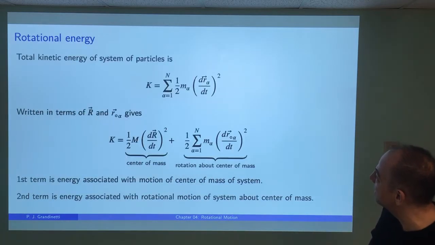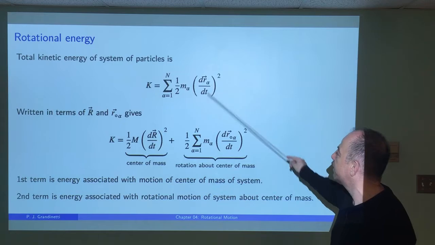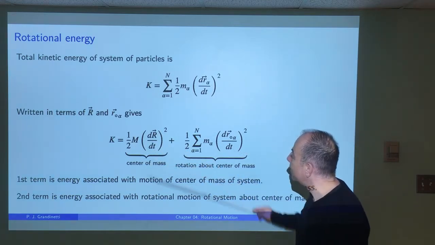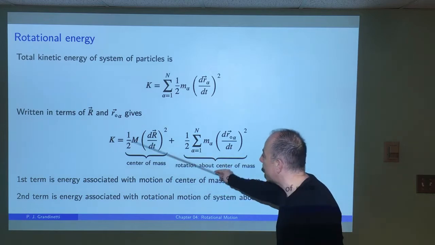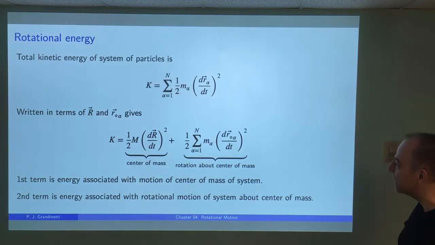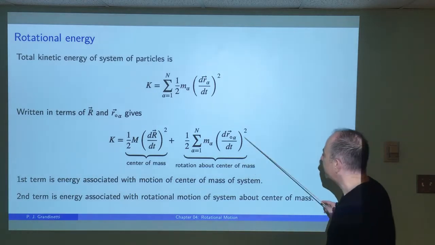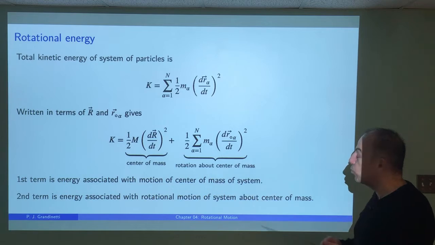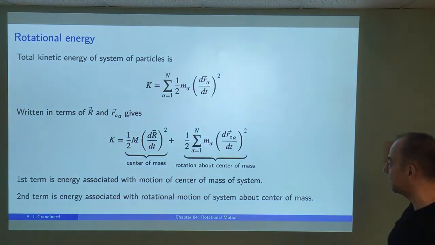If I go back to this definition and do that substitution, with a little bit of algebra we're going to find that the kinetic energy can be divided into a term associated with the center of mass, and then a term that is the kinetic energy associated with the rotation about the center of mass.